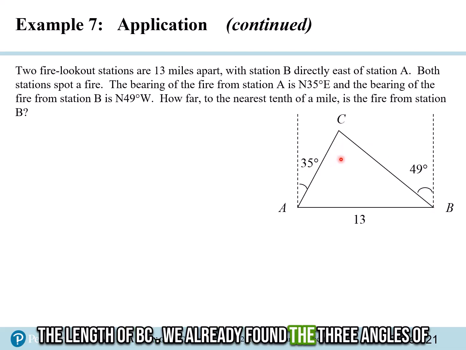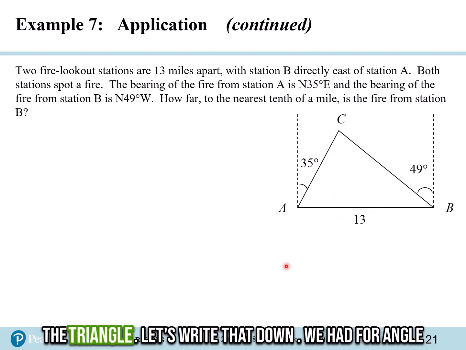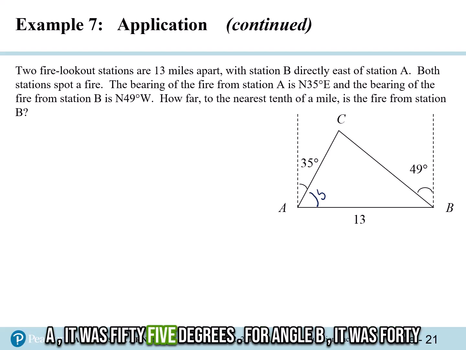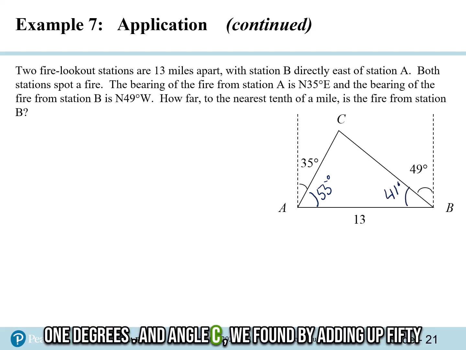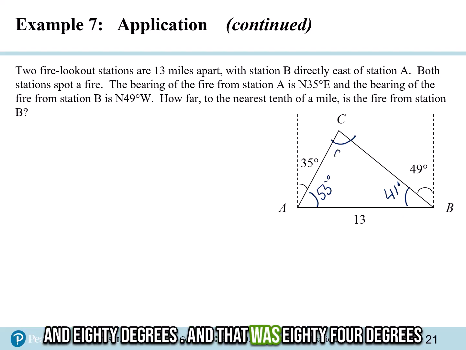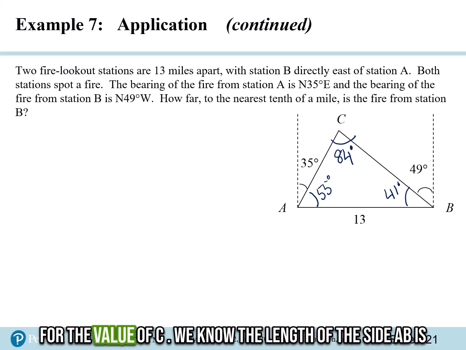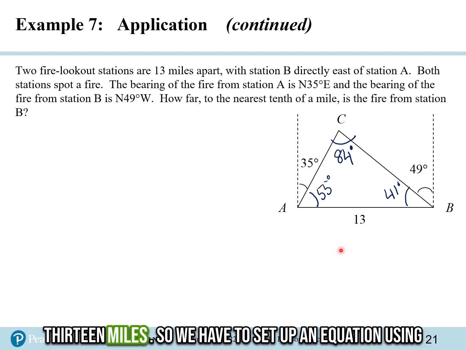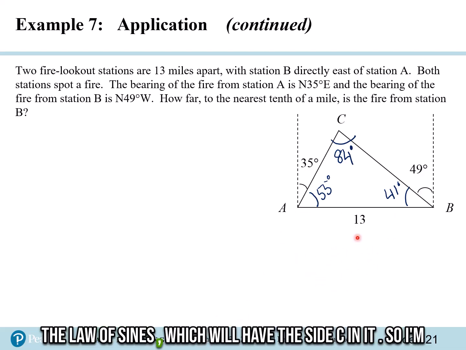We already found the three angles of the triangle. Let's write that down. Angle A was 55 degrees. Angle B was 41 degrees, and angle C we found by adding up 55 and 41 and subtracting from 180 degrees, and that was 84 degrees. We know the length of the side AB is 13 miles, so we have to set up an equation using the law of sines, which will have the side C in it.